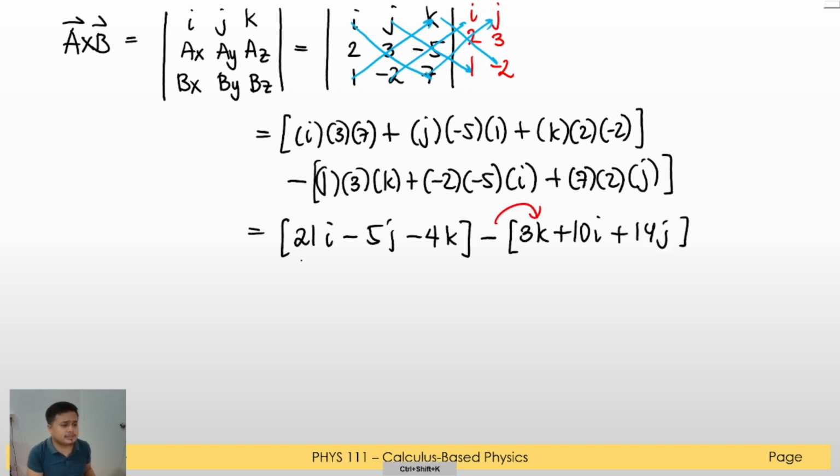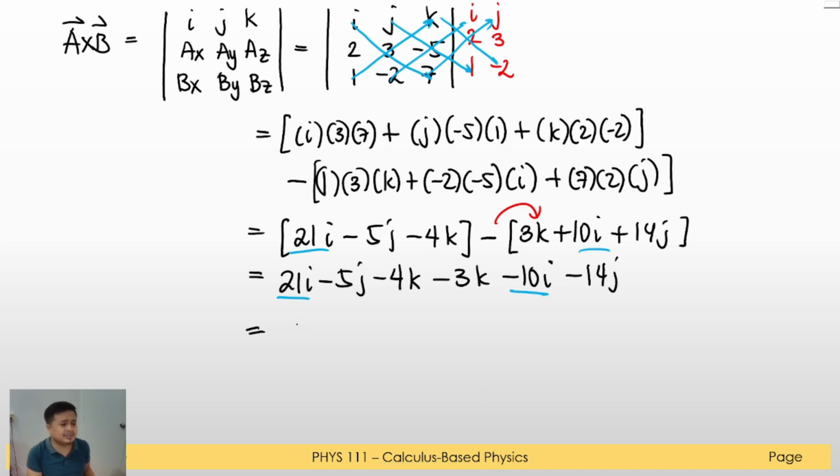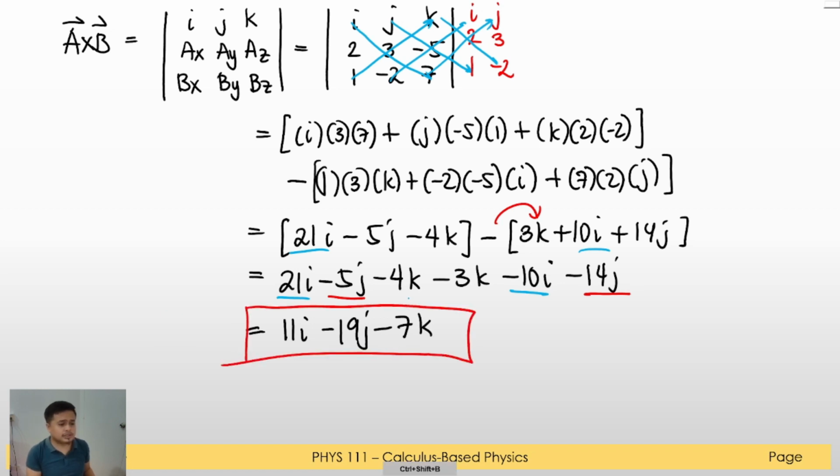You have to distribute the negative sign, so let's rewrite this: minus 3k minus 10i minus 14j. Then add the like terms, component-wise. We have 11i, for the j we have negative 19j, and for this one we have negative 7k. So this will be your cross product. That will be all. Thank you guys.